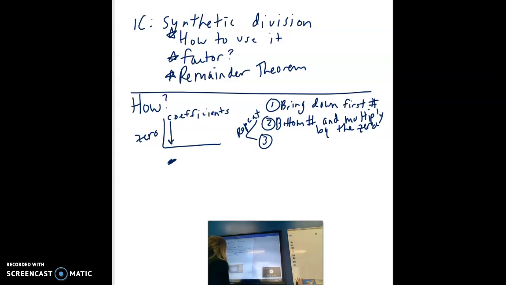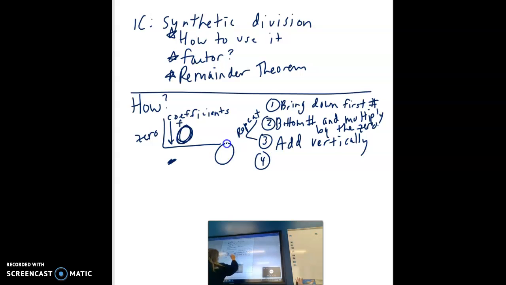Okay, after you do that, this will then go in this spot right here, in this blank. Then you will add vertically. So you'll add that coefficient, that number, and you'll continue to repeat until you're done. When you finish and you take a look at the bottom row, this last number represents your remainder.